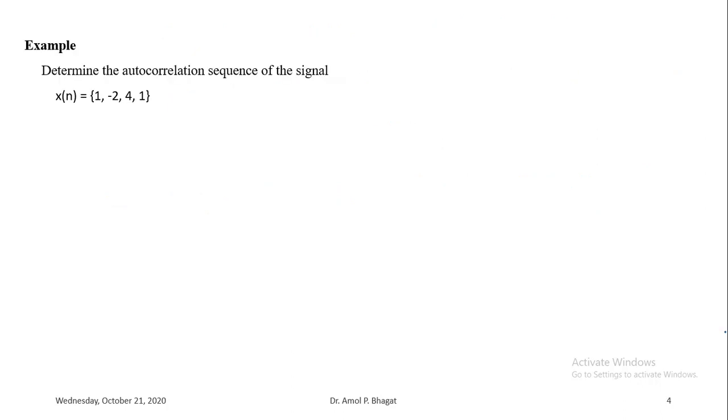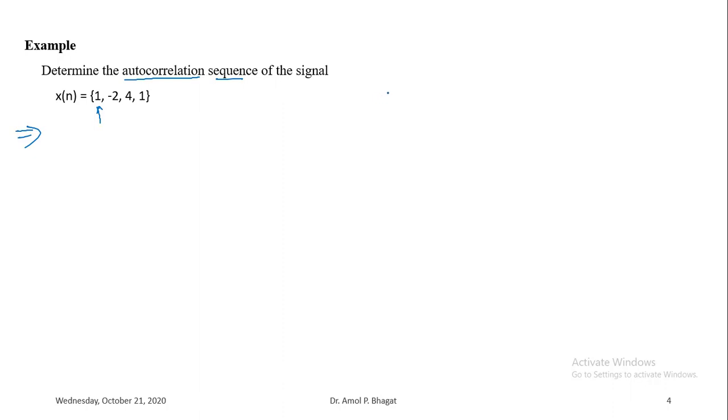So we'll try to solve one problem where we determine the autocorrelation sequence of a signal. We solved it in the previous session by using the formula. Here the origin is not given, so you can consider the first sample as the origin.